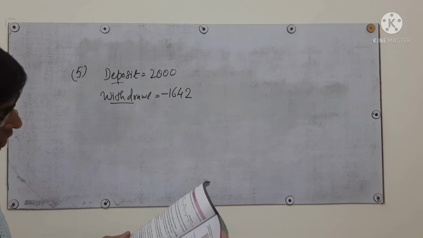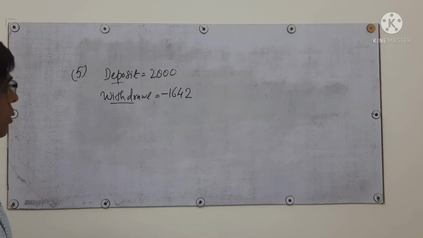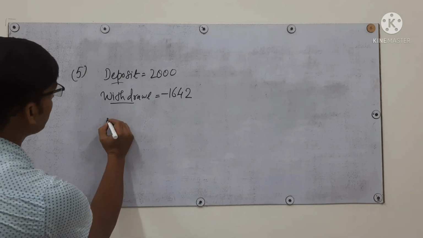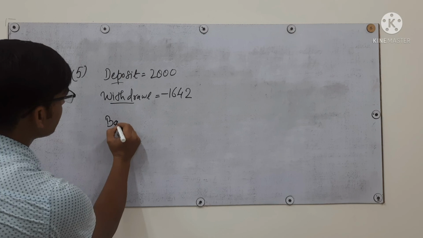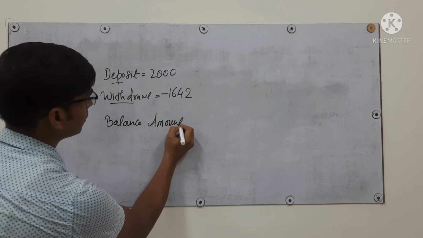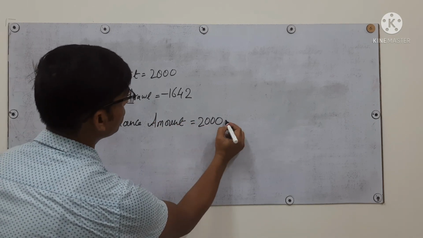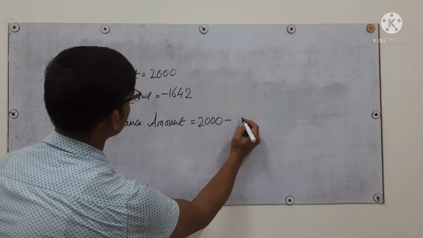Okay, and the second part is to find the balance in Mohan's account. What will be the balance in Mohan's account after withdrawal? The balance amount will be deposited amount minus withdrawal amount.